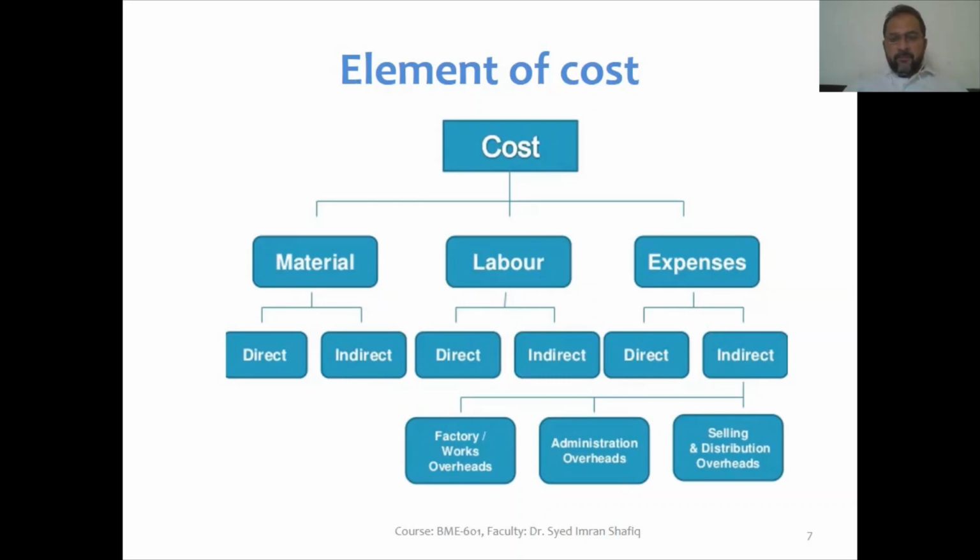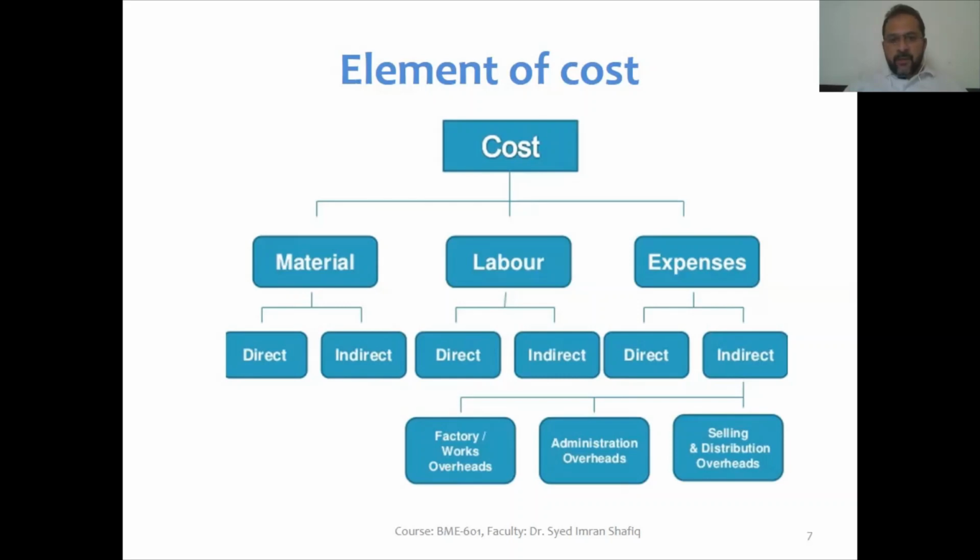For example, if we are making a hexagonal bolt or hexagonal nut of mild steel, so mild steel will be the direct material. But for manufacturing a hexagonal nut or hexagonal bolt on any machine, you need grease for the lubrication of the machine. It is not consumed directly by a nut or a bolt, but it is used indirectly.